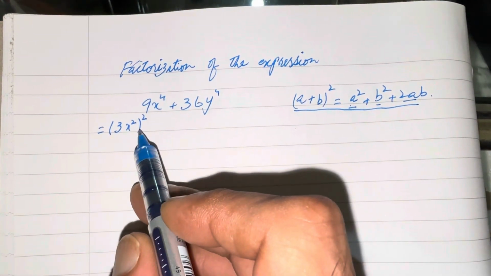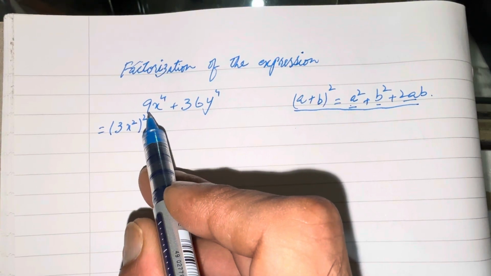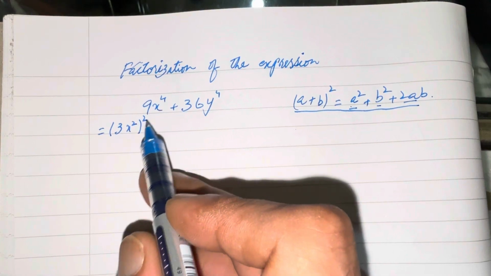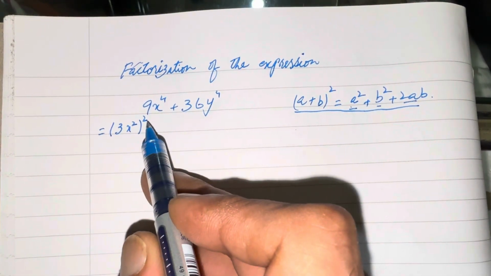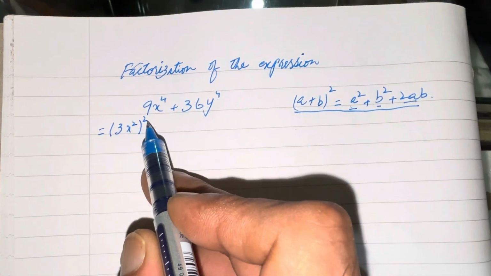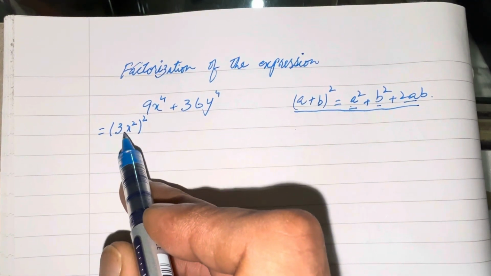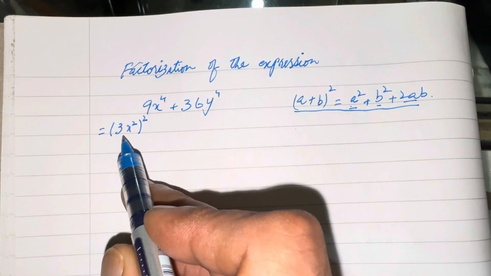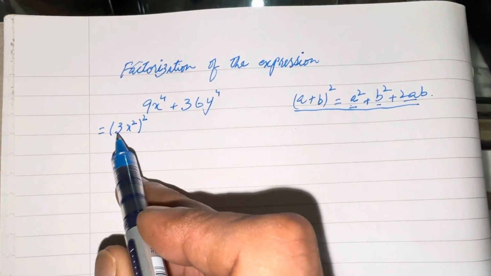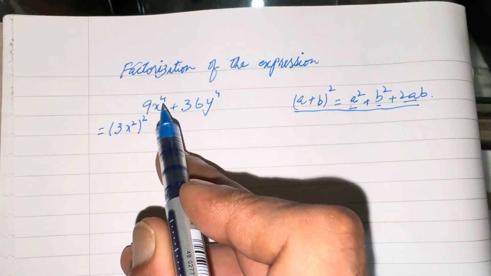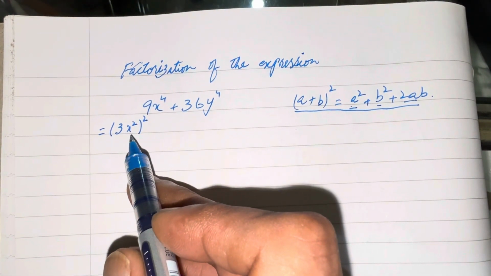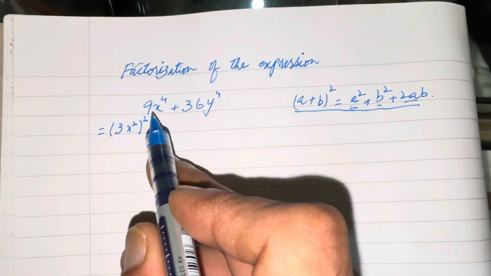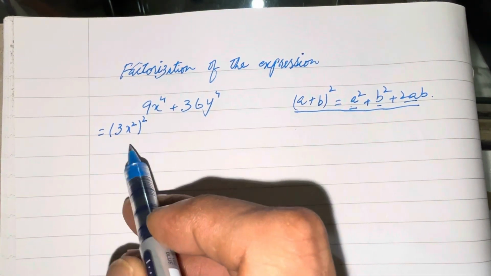So we are going to start with this term: 9x raised to power 4 can be written as (3x square) whole power 2. It means that if we take the square of this term, which is in parentheses, it can be written as 9x raised to power 4. So for the sake of simplification, we have written this x term in this form.